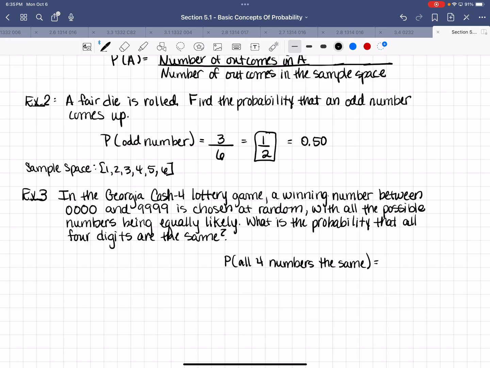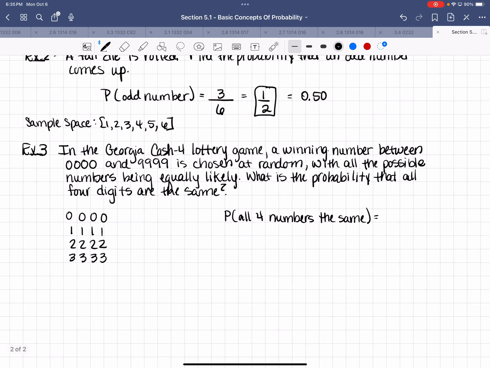Yeah. So like 2, 2, 2, 2. 3, 3, 3, 3. Of course, we've got our 1, 1, 1, 1, 0, 0, 0, 0. All the way up to 9, 9, 9, 9, right? 5, 5, 5, 5, 6, 6, 6, 6, 7, 7, 7, 7, 8, 8, 8, 8, 9, 9, 9, 9.